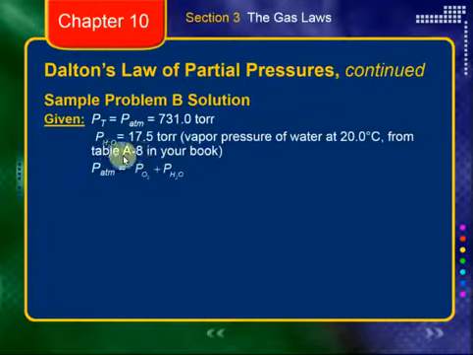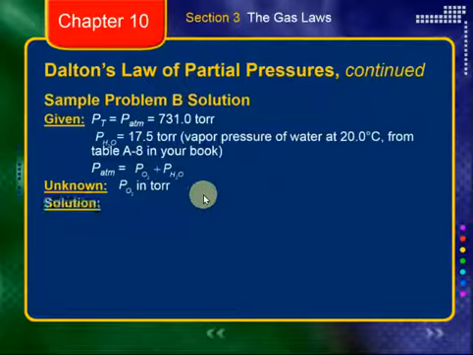Again, we're just looking this up in a book, right? You'll never have to memorize this stuff. You're just going to have to look this up in a book in order to use Dalton's law of partial pressures. Now, what we don't know is the pressure of the O2 specifically. We know the total pressure and we know the partial pressure of water vapor.